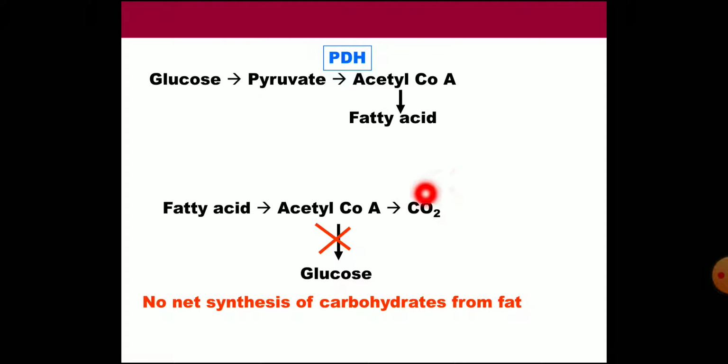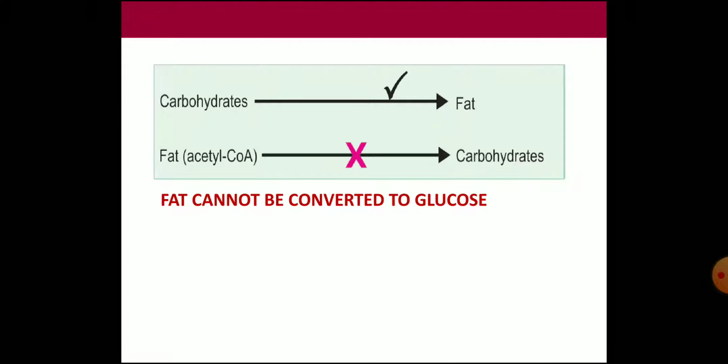There is nothing left behind, only the oxaloacetate remains after the cycle. So there is no net synthesis of carbohydrates from fat. Again shown here, carbohydrate can be converted to fat, but fat or acetyl-CoA cannot be converted to carbohydrate. Fat cannot be converted to glucose.